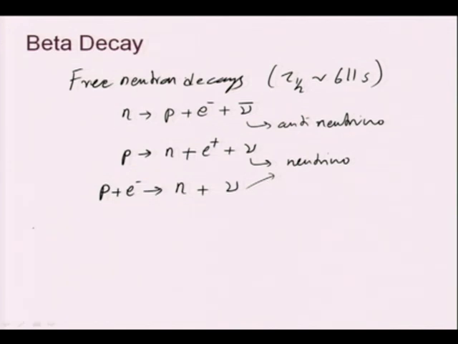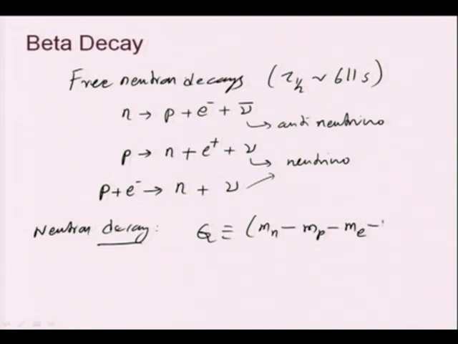In the case of neutron decay, we have the Q factor, m neutron minus m proton minus mass of the electron minus mass of the neutrino, times c square, which should be equal to T p plus T e plus T neutrino.